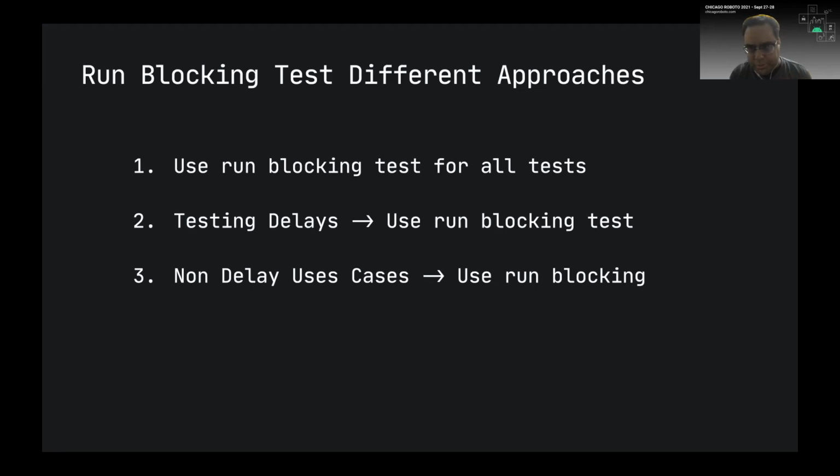Another approach you could take is to only use that method if I'm testing delays, and there are different types of utilities you could use for that. If I have very basic cases of testing, like non-delays, I could use runBlocking, which also creates a coroutine for you, and that was what people used before runBlockingTest was introduced. So those are the two different approaches that I've seen people take.